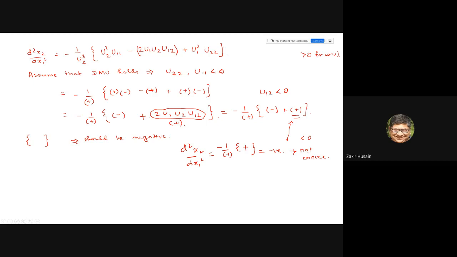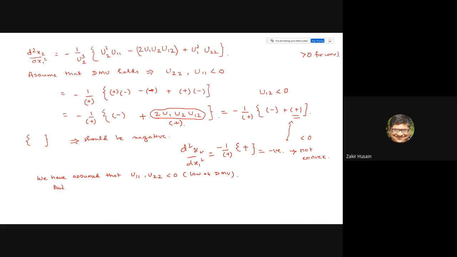So in this slide, what we have done is we have assumed that U11 and U22 are negative, that is, the law of diminishing marginal utility holds.